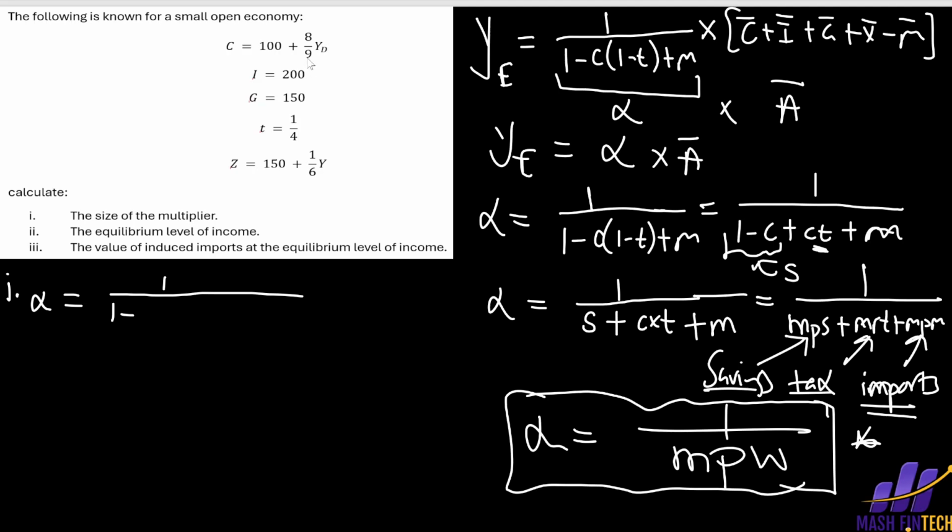Our C is this here. Can you see it? 8 over 9. Then you multiply by 1 minus t. So our t is this here. So it's 1 minus 1 over 4. Then we add our marginal propensity to import, which is this here, 1 over 6. So we add 1 over 6.